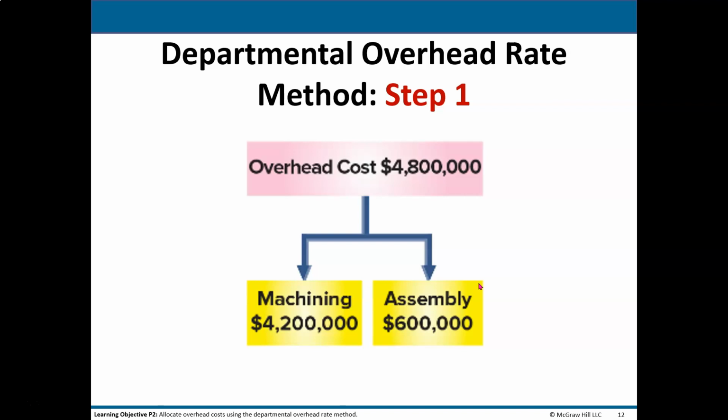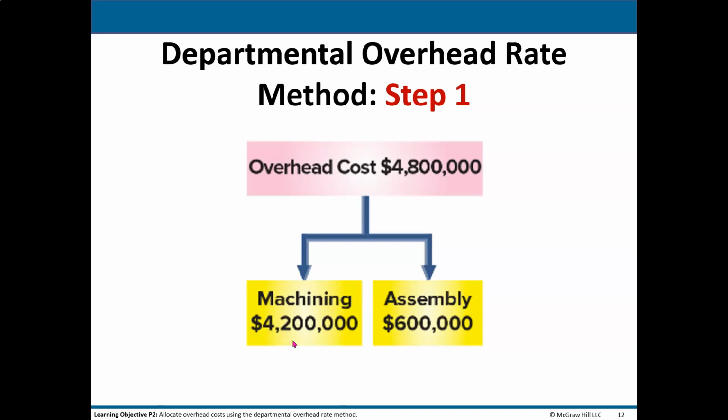So while we can't trace them to the individual units, we can trace them to the department that those units are created in. So now what I'm going to do in this step in the machining department, I'm going to take that $4.2 million and divide that by the estimated number of machining hours, because that's my cost driver.